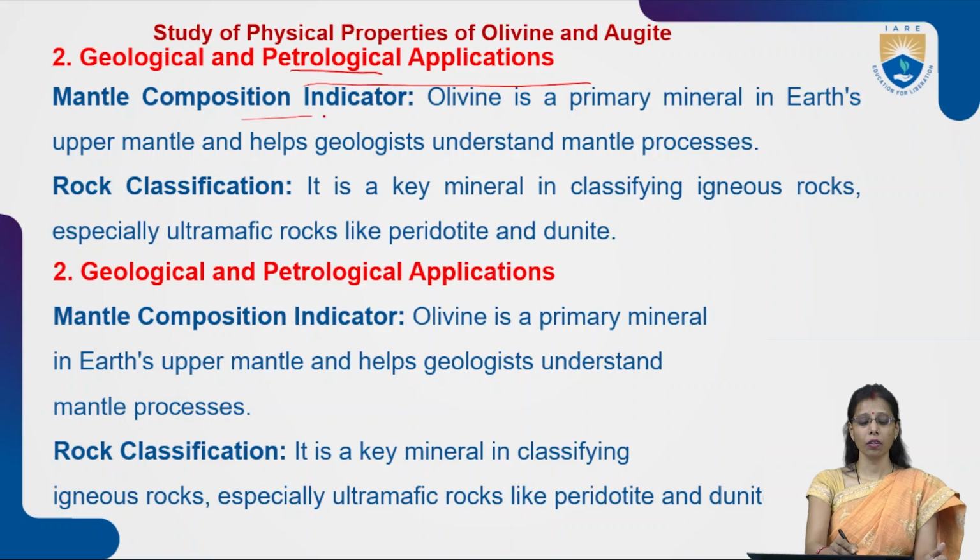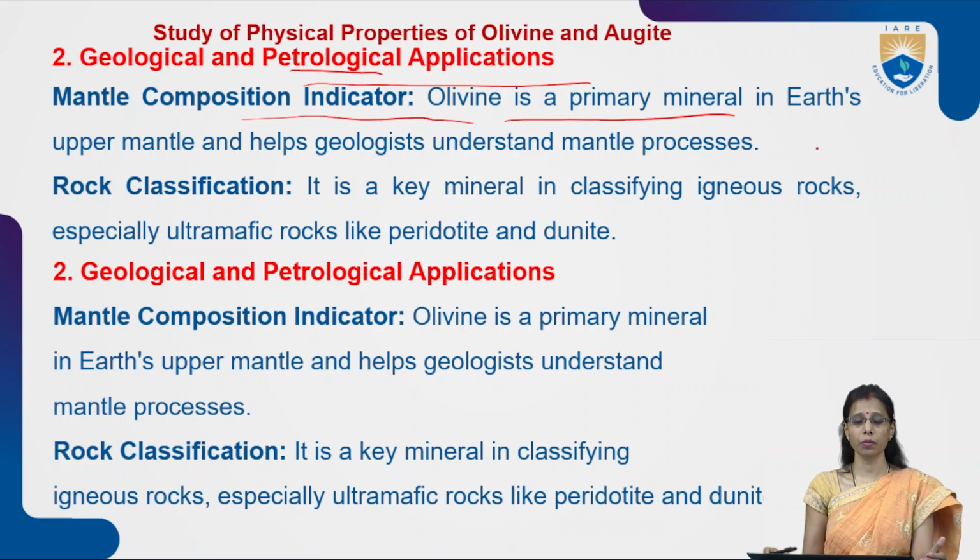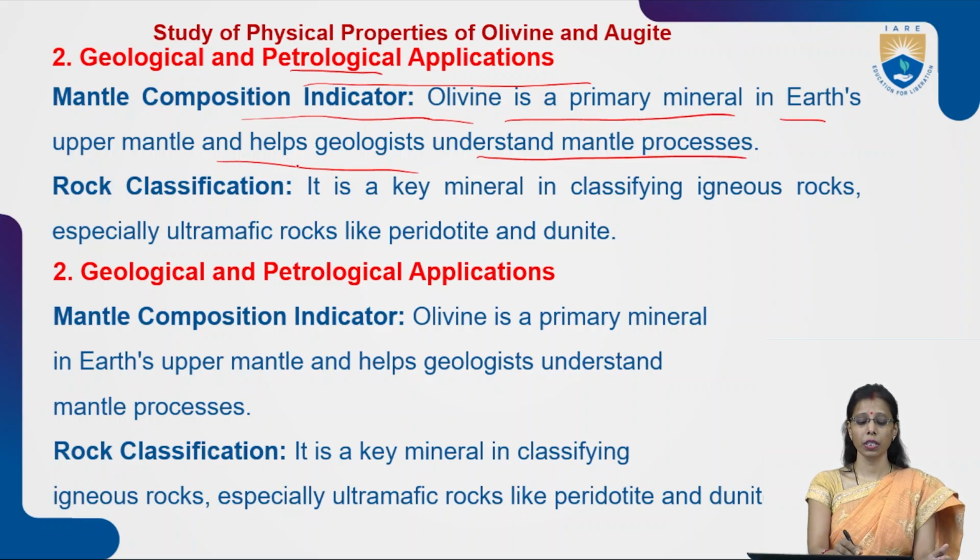First, a mantle composition indicator. Olivine is a primary mineral in the earth's upper mantle and helps geologists understand mantle processes. As we know, the earth is divided into core, mantle and crust, so the mantle here helps geologists understand the mantle processes.